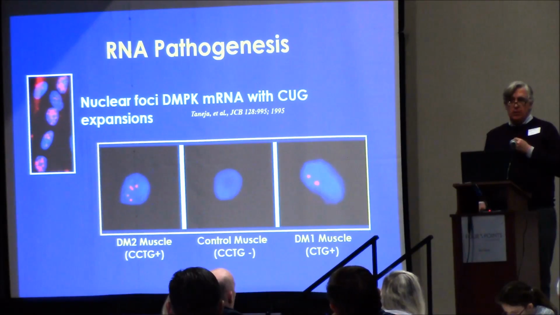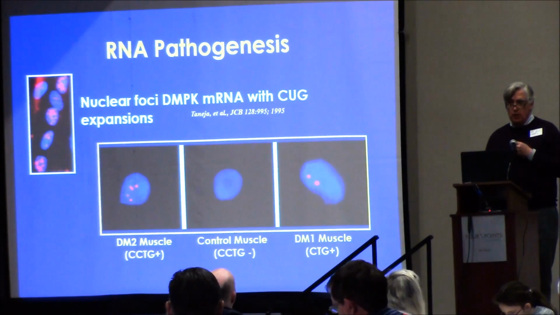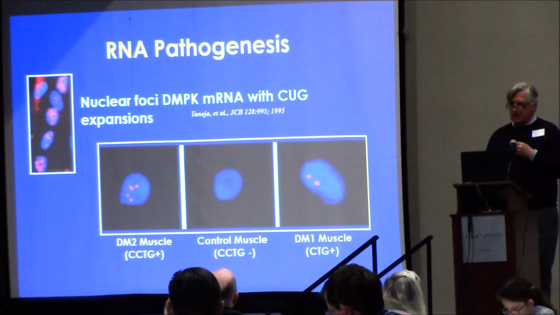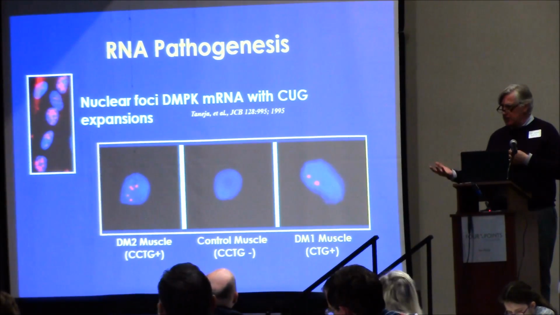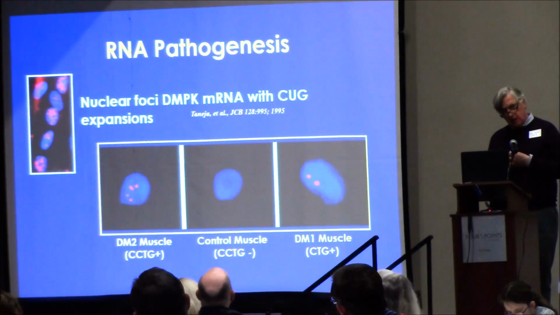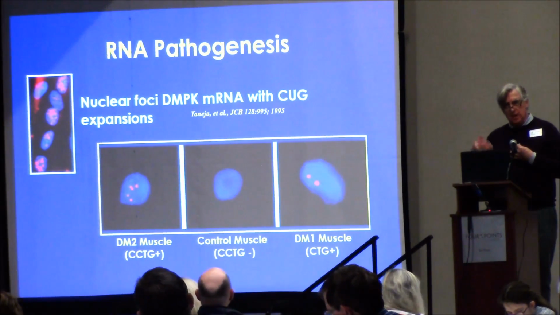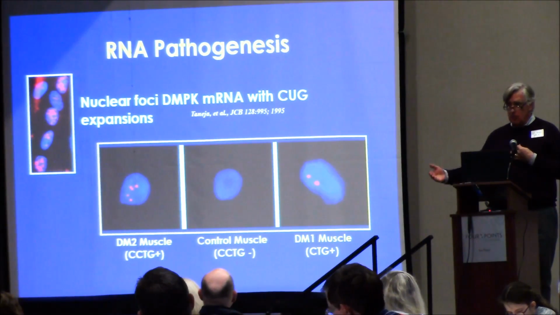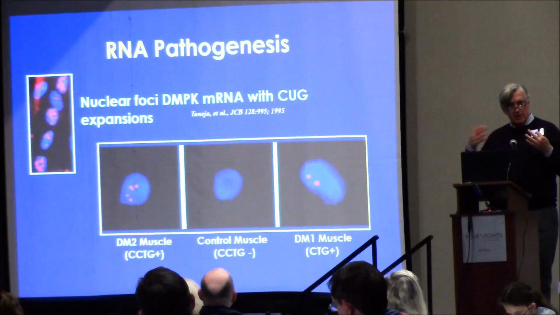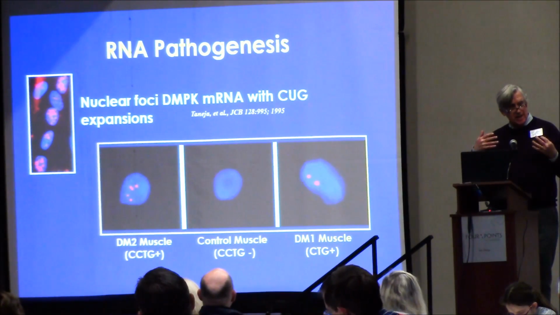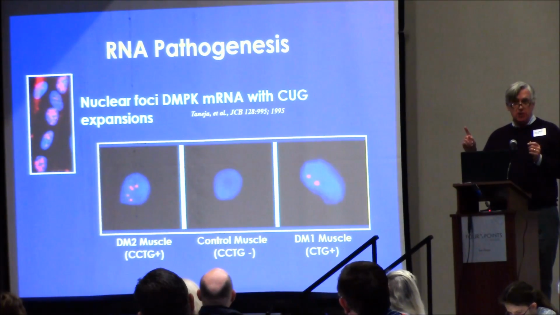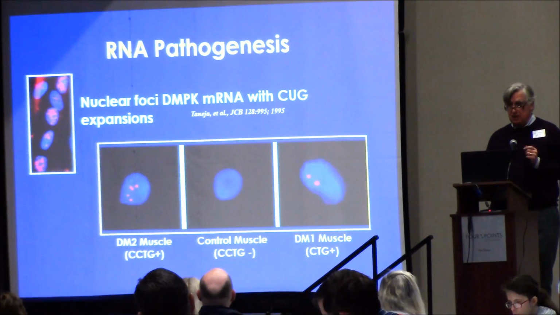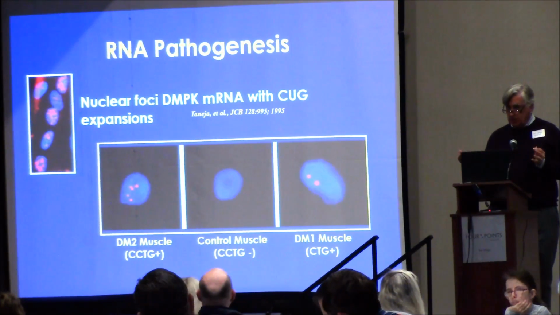I think people with myotonic dystrophy often wonder why we spend time comparing myotonic dystrophy type 1 and type 2. They're very similar in ways, they're different in other ways. The reason that we study both of them together is that we can compare one to the other, and we can say, that's the common element. That's what's going on in both of these, so that must be what's causing the problems in both conditions.